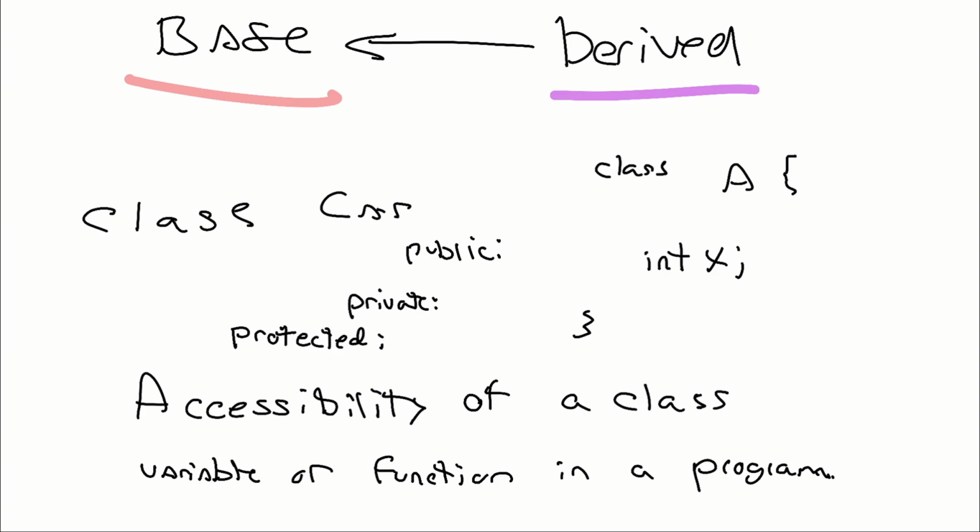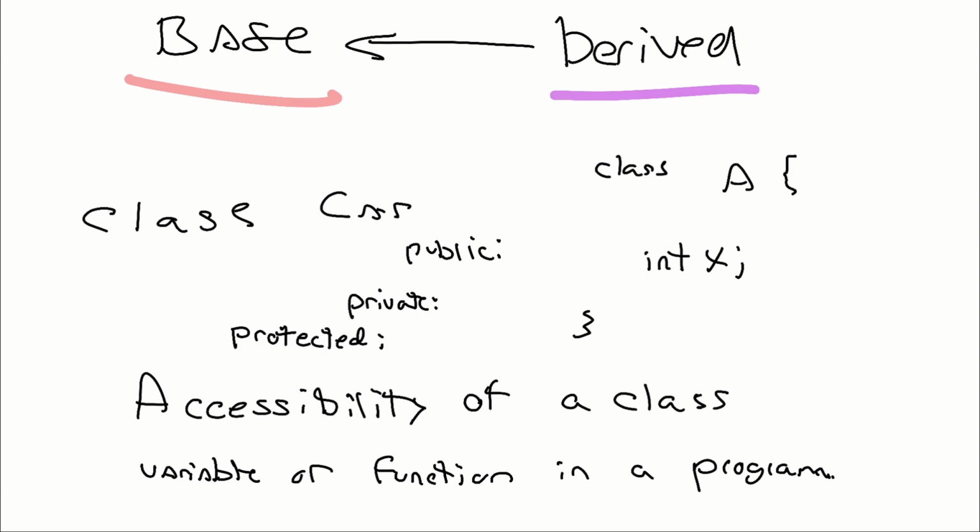Okay? So how do these affect it? Let me first just tell it to you, and then I'll draw the chart. How about that? A public variable is accessible anywhere. You can access it inside the class. You can access it outside the class. So in main or whatever, if you have access to the specific object, you can do something like a dot, and then whatever the variable name is, or the function.